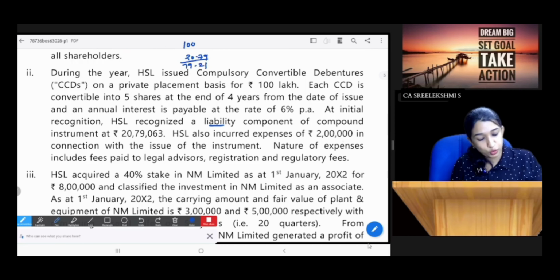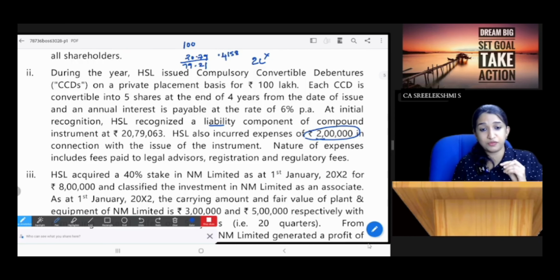So the expense of 2 lakhs will be allocated: 2 lakhs into 20.79 divided by 100 is 0.4158, or 41,580, and the balance is 1,58,420.